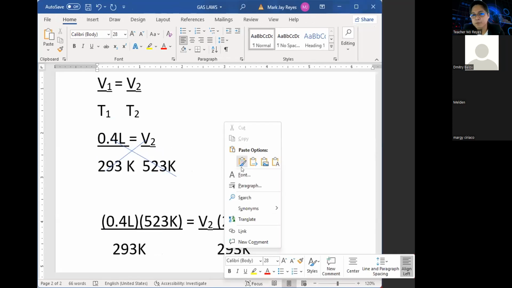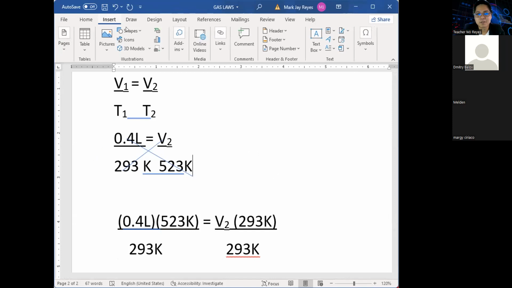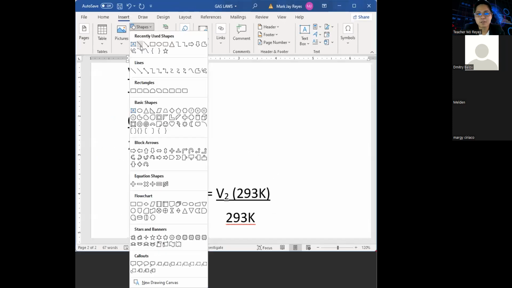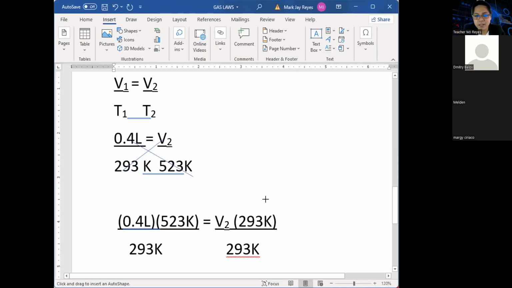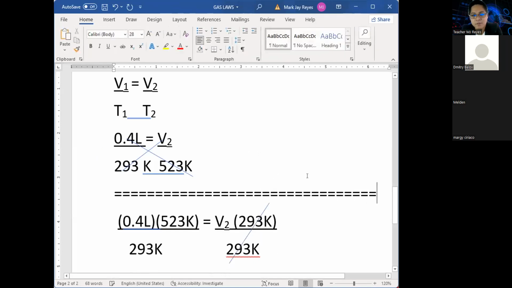Are you familiar with this formula? It is in mathematics. Once you divide it by themselves, you can actually cancel this one. You can now cancel. So we did isolate V2.